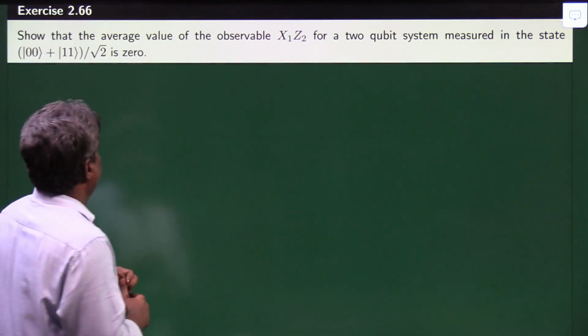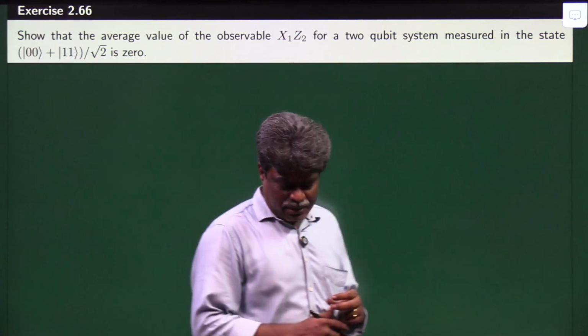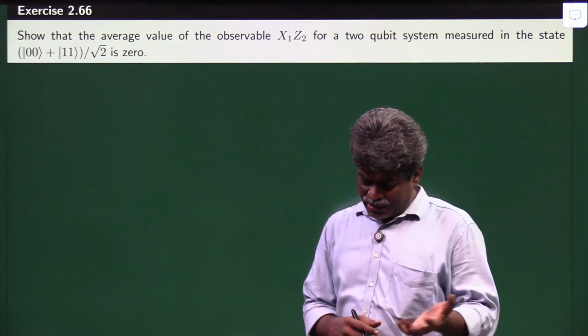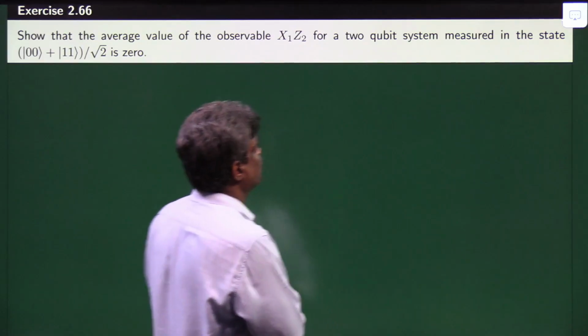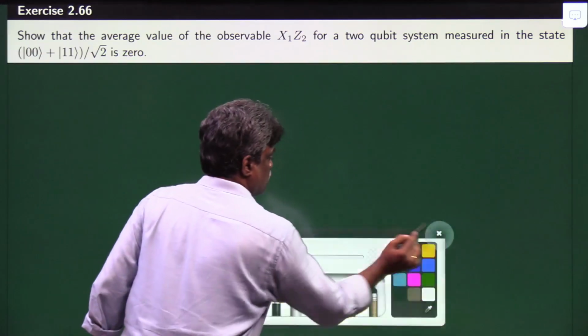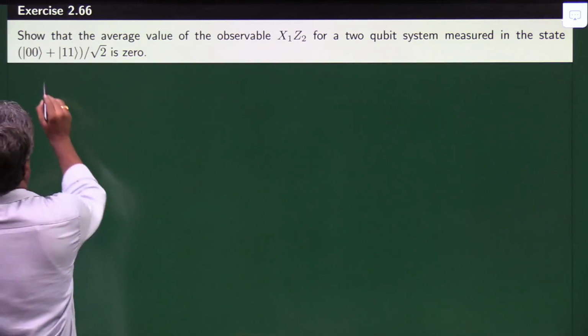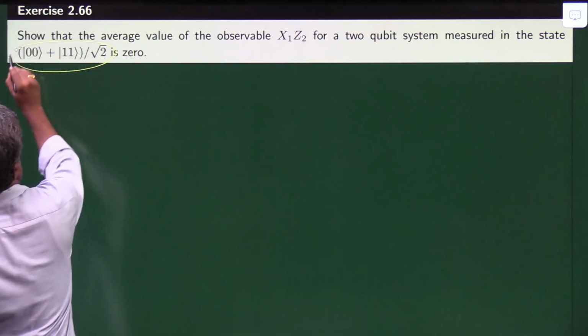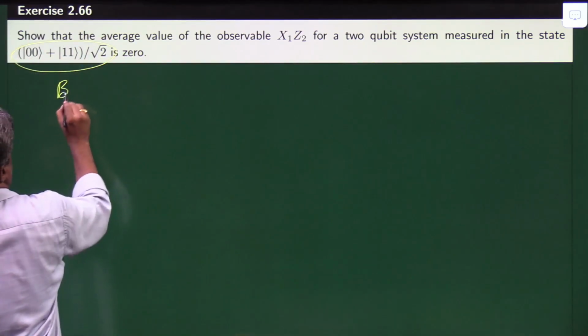Next, here they are asking the average value of the operator x1 z2 for a 2 qubit system. Fine. So I hope you have this idea about the Bell state. Let me explain.